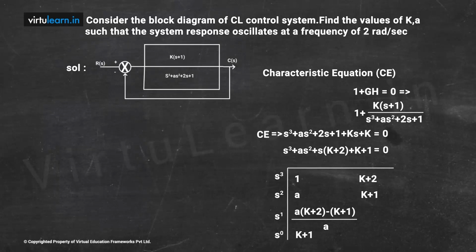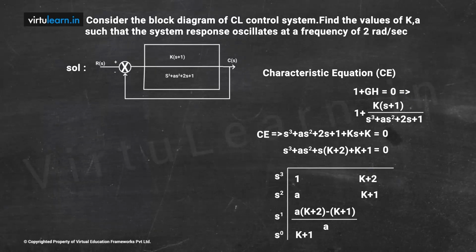Now the block diagram is clear. The G(s) is available, H(s) is available. So I will simply find the characteristic equation. Once the characteristic equation is found, then you can form the Routh's array. To get the sustained oscillations, we know that in Routh's array, one row must contain all 0 elements, and there should not be any sign changes in the first column.